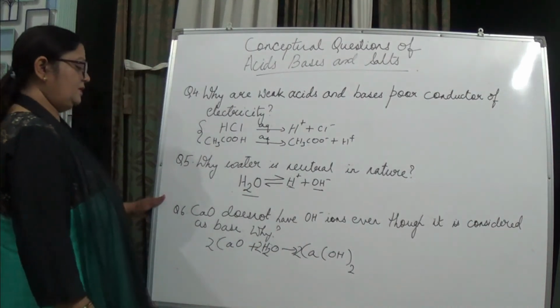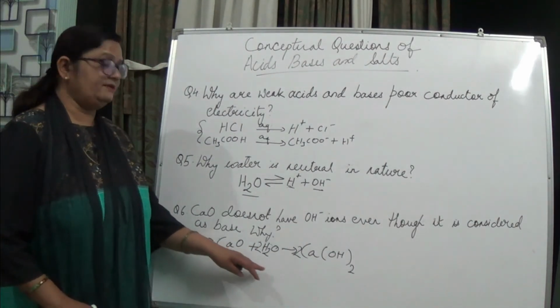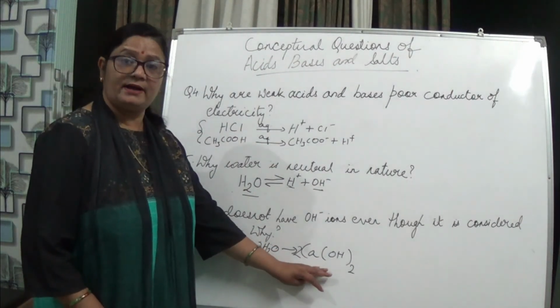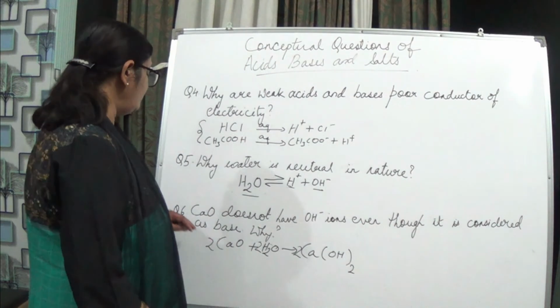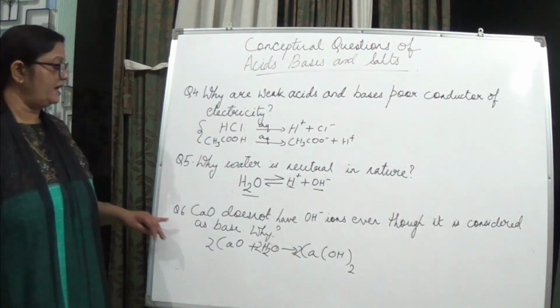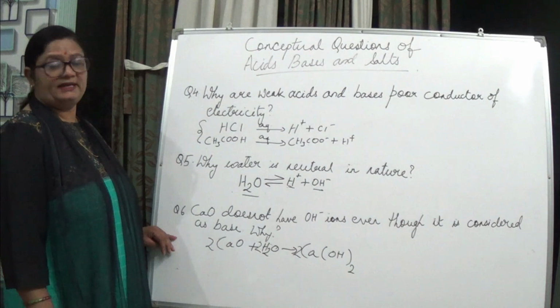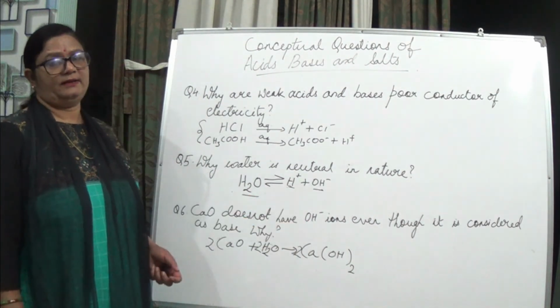So we see that calcium oxide, when it reacts with water, forms calcium hydroxide, and this calcium hydroxide can give OH- ions, thereby proving that calcium oxide, which is a metallic oxide, is a base even though it does not consist of OH- ions.